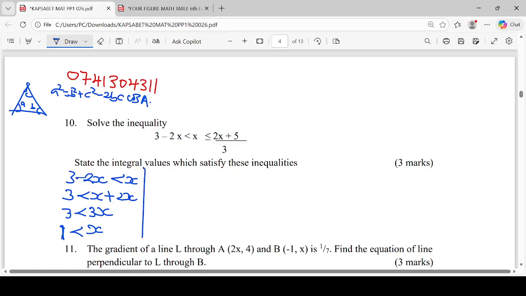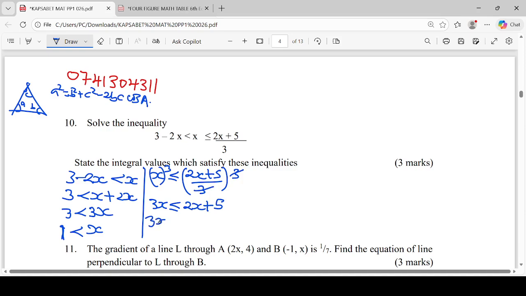The next part here we are going to have is x is less than or equal to (2x plus 5) over 3. So I can remove this denominator by multiplying here by 3, this one here by 3. I'll now have 3x less than or equal to 2x plus 5, because the 3 and the 3 will cancel.